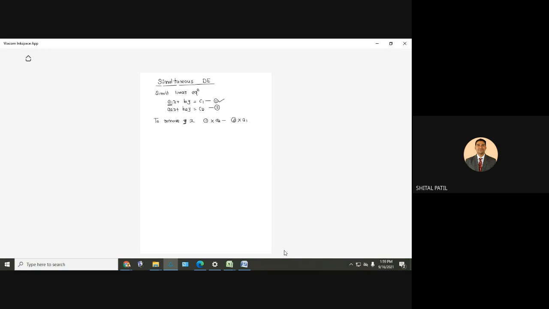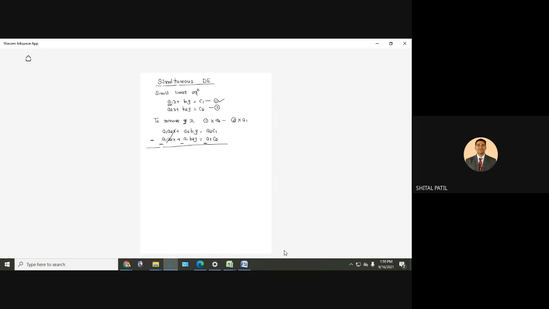So this will come: a1 a2x plus a2 b1y equal to a2 c1. Minus, multiply the second equation by a1. So a1 a2x plus a1 b2y equal to a1 c2. Then just subtract them. So minus sign here, minus sign here, minus sign here.